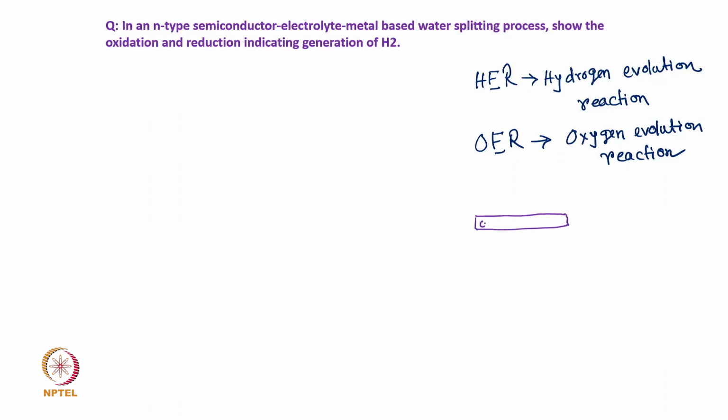We have a conduction band, a valence band, and then there is a Fermi level here.